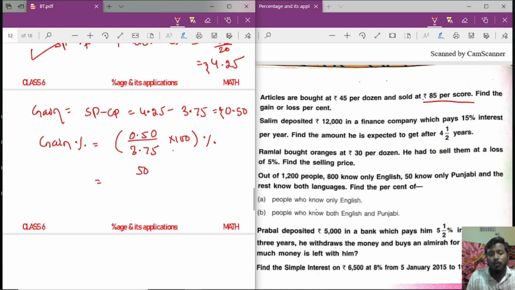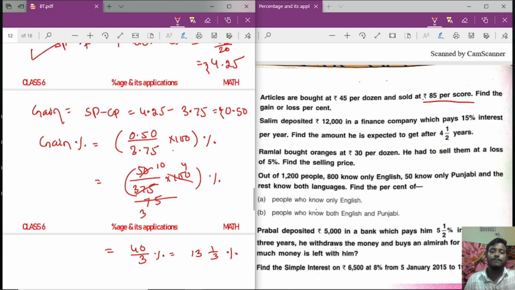And this 3.75 rupees when converted into paisa is 375 paisa into 100. Now cancel, 5 10s are 50, 5 7s are 35, 5 5s are 25, 3 25s, 4. So the answer is 40 divided by 3 percentage, equal to 13 whole 1 by 3 percentage.